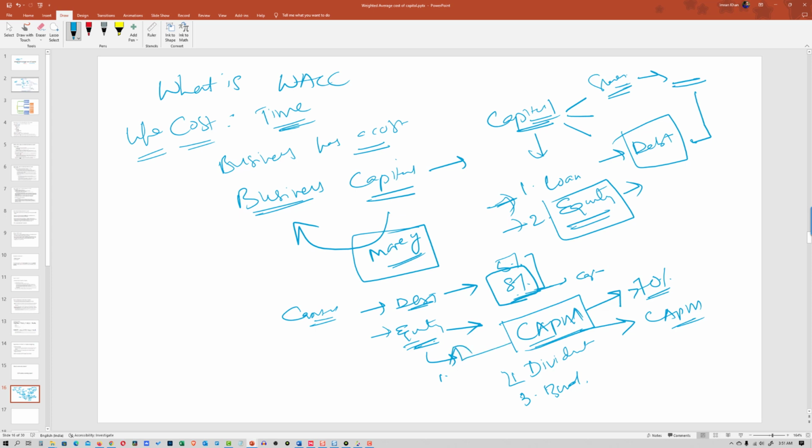Whatever number you get from CAPM is going to be the cost of equity. The dividend discount model and the bond yield plus risk premium model we can ignore for now. This is the subject for another video. However, I just want to tell you that there are different techniques available for us to compute the cost of equity. Okay, now let me move on to the next slide.